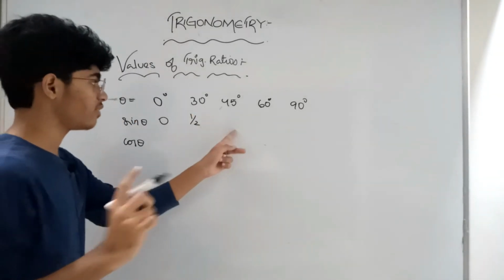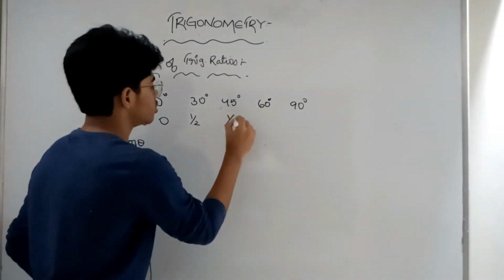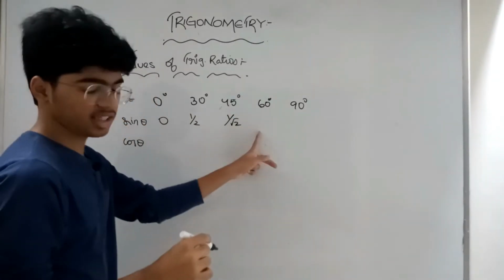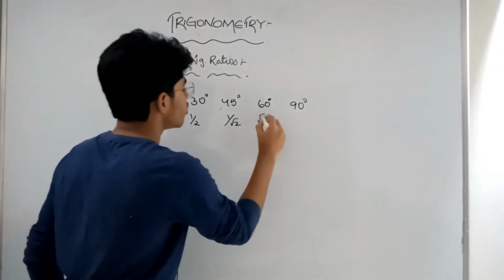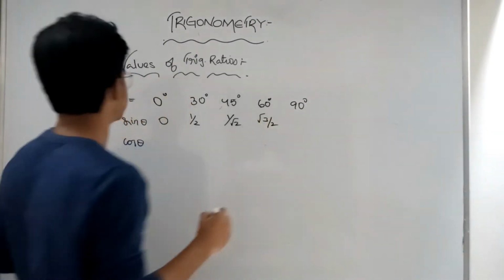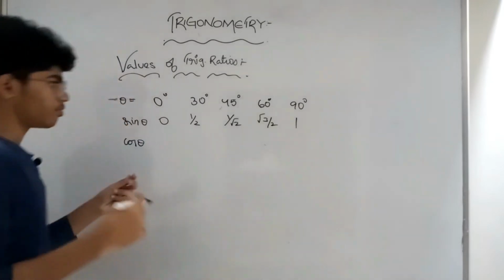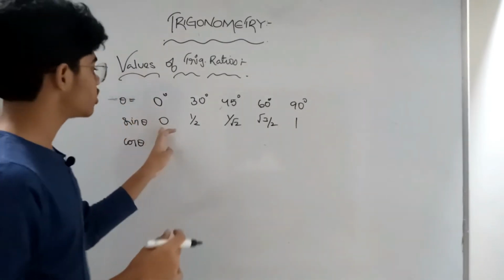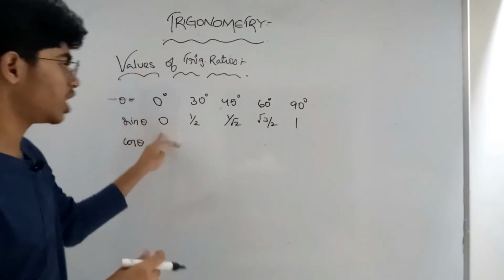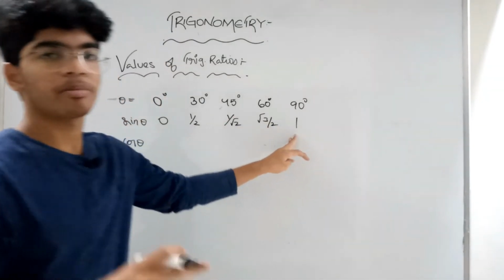Sine 45 is 1 by root 2. Sine 60 is root 3 by 2. And sine 90 is only 1, right? So this is the range of sine theta. It can only go from 0 to 1. It cannot go more than that.